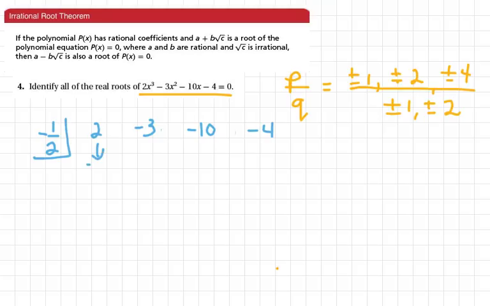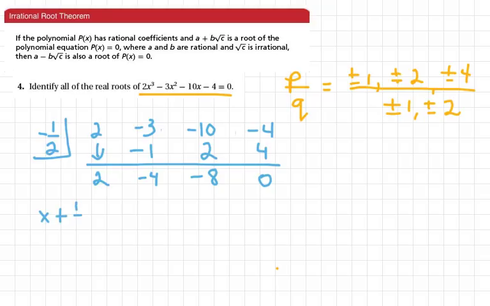And we bring down our 2, and -1/2 times 2 is -1, -3 and -1 is -4, times -1/2 is a +2, -10 and 2 is a -8, times -1/2 is a +4, 0. So we know that x plus 1/2 is a factor.